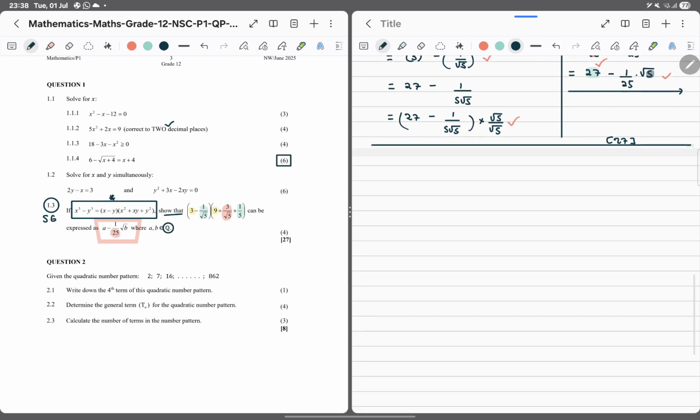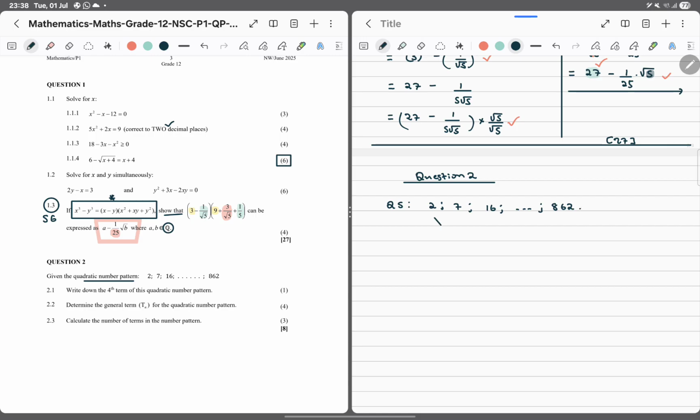Right, let's get to question 2. So question 2, we are given a quadratic number pattern. So this is an easy quadratic sequence starting from 2 to 7 to 16, and then the last term is 862.